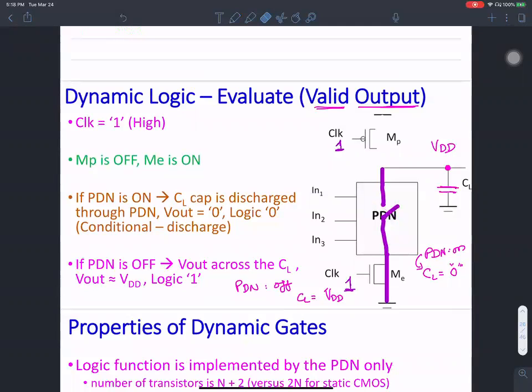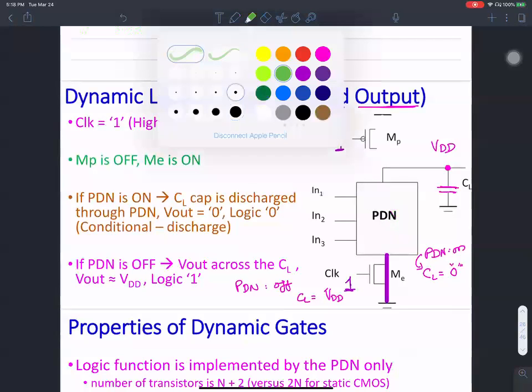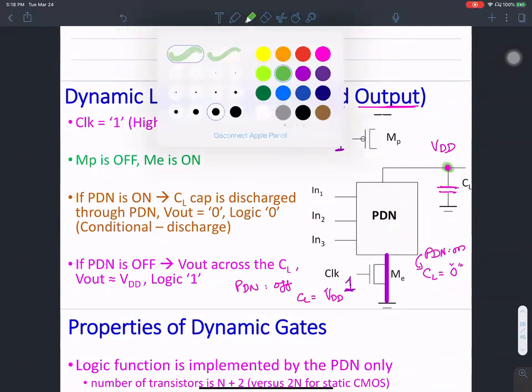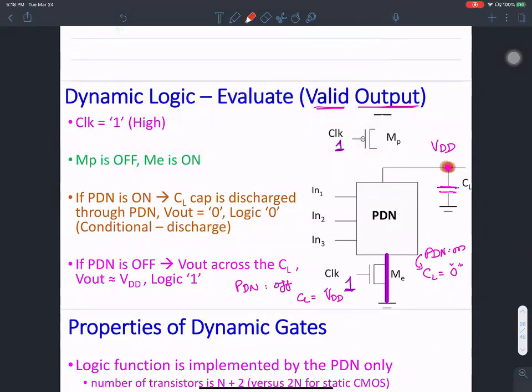If the pull down network is off, there is no connection from the output node to ground, so the VDD will remain the same.